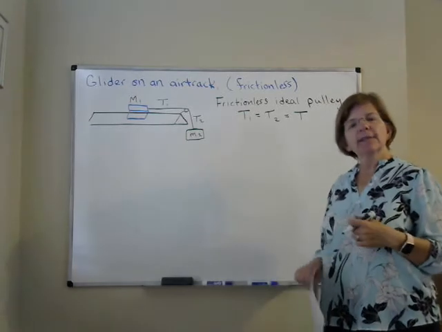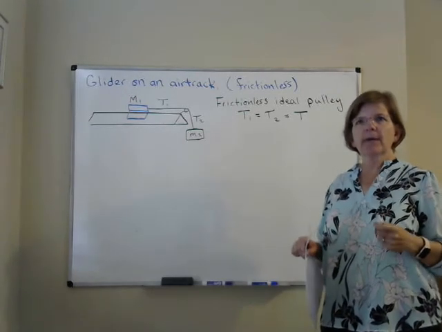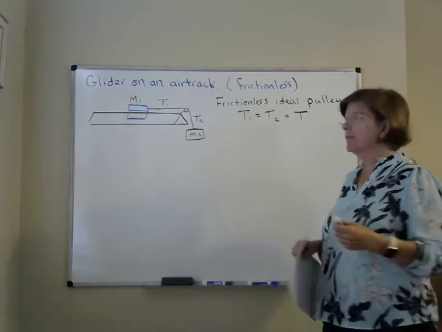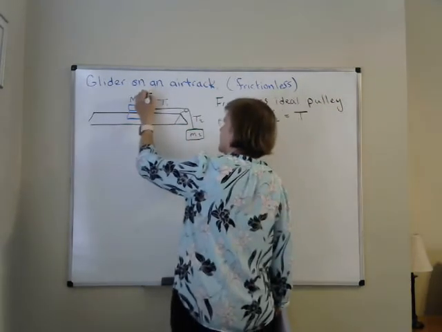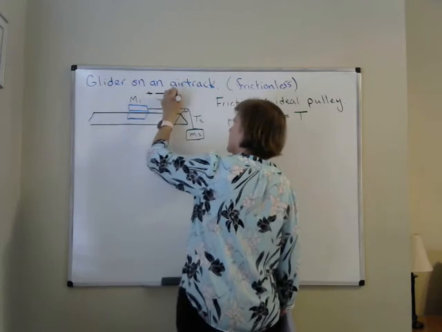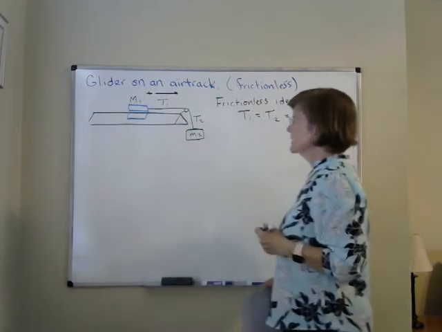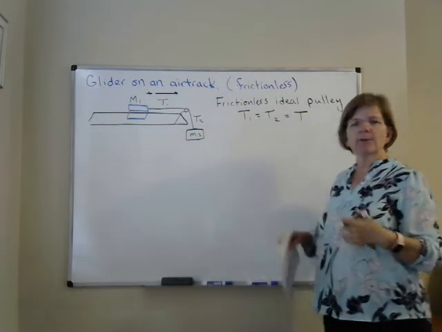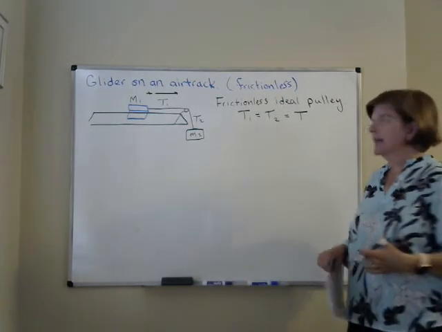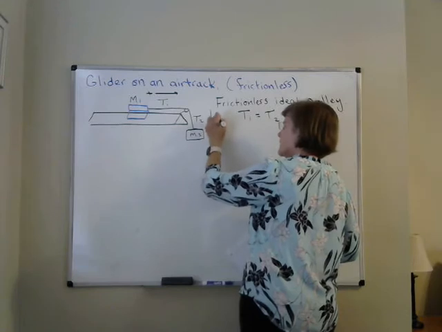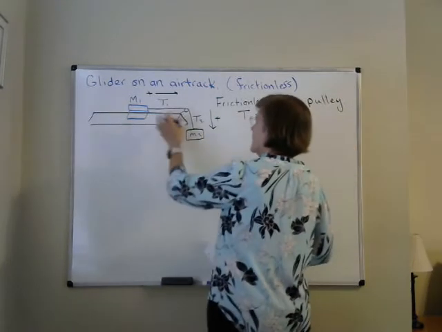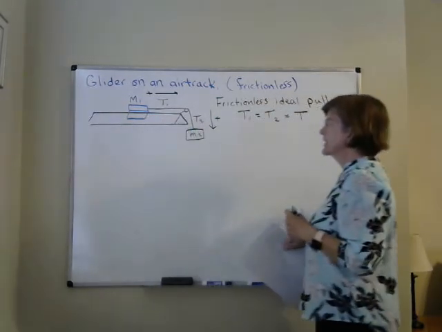Another thing we have to think about anytime you solve is your frame of reference. For our purposes, we're going to let positive be to the right. Well, that's not unusual. But what that means, since this is a system, these two masses are connected, it means that I also have to let down be positive, because these two masses actually move together.